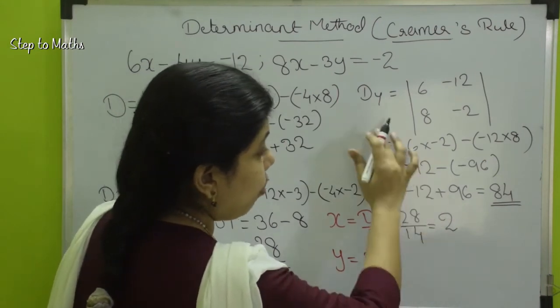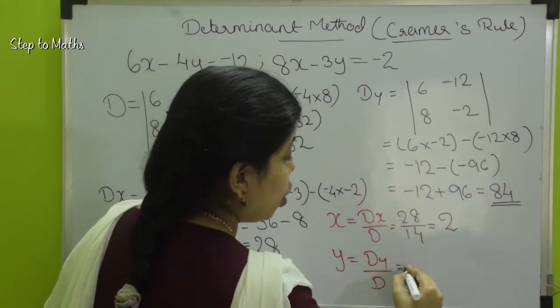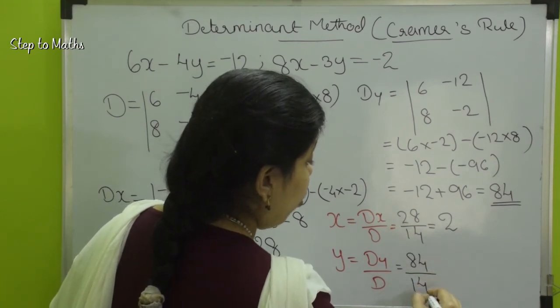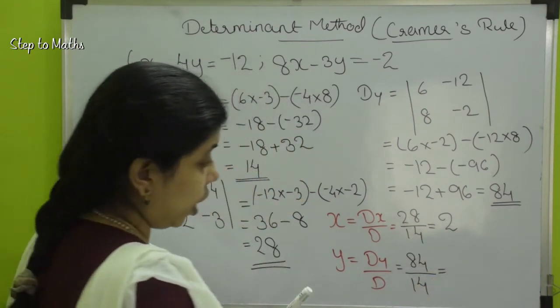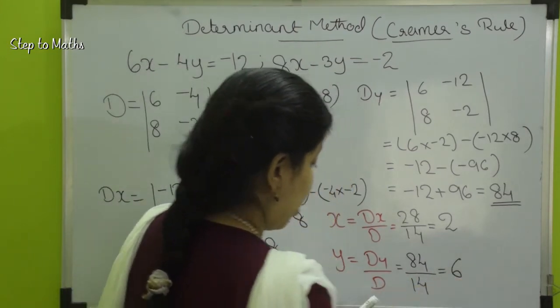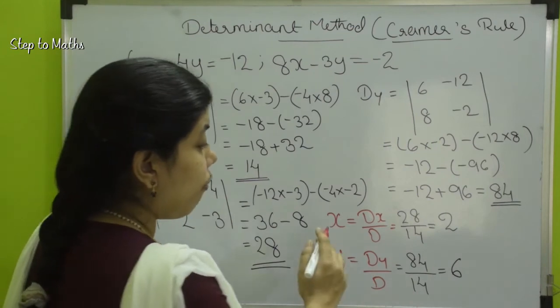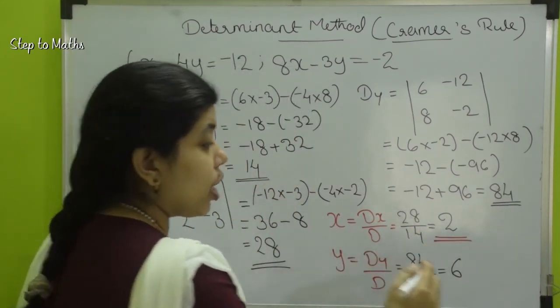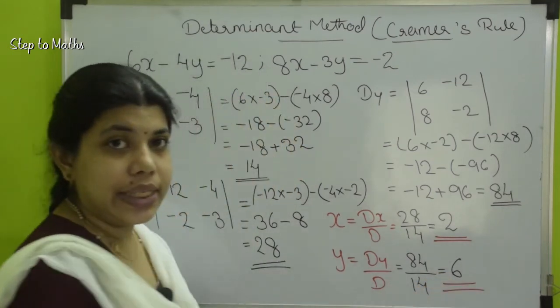The value of determinant dy is 84. 84 upon 14 is equal to 6. So the value of variable x is equal to 2 and variable y is equal to 6.